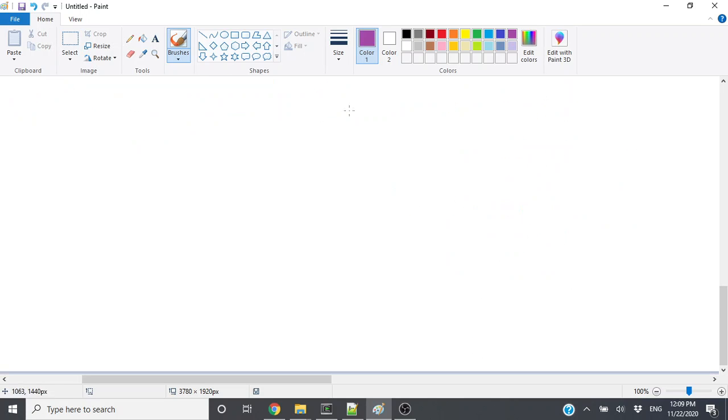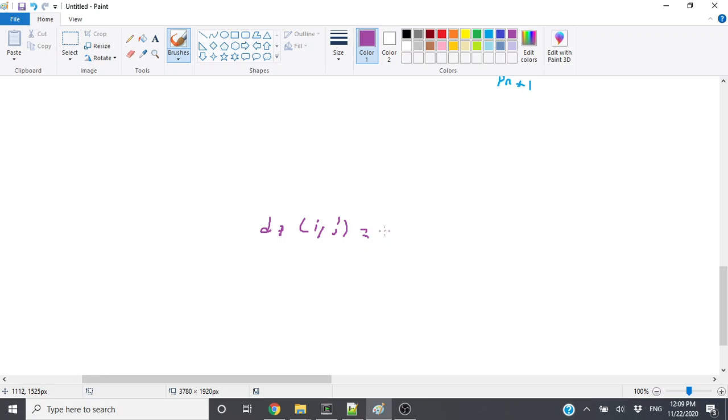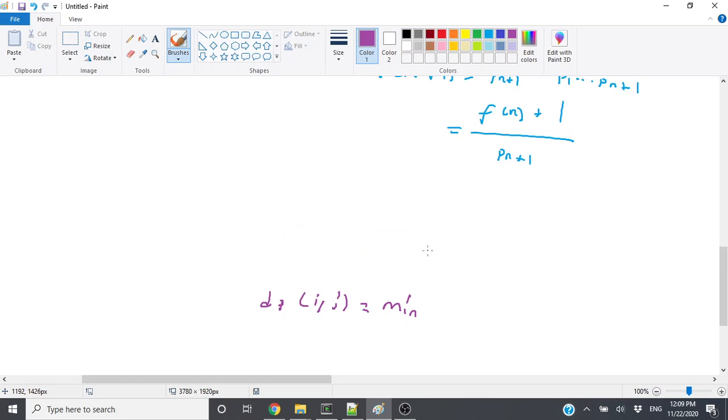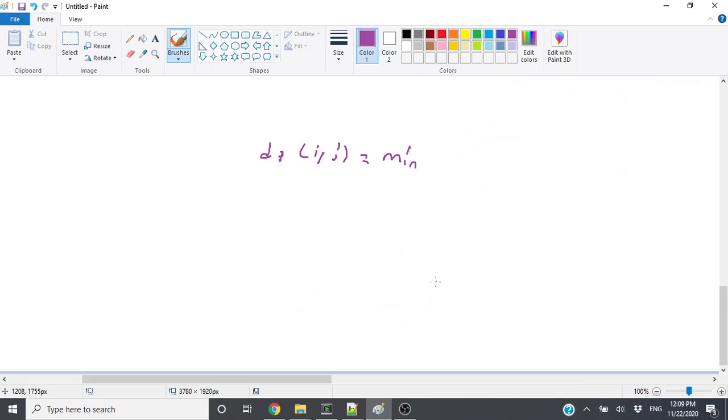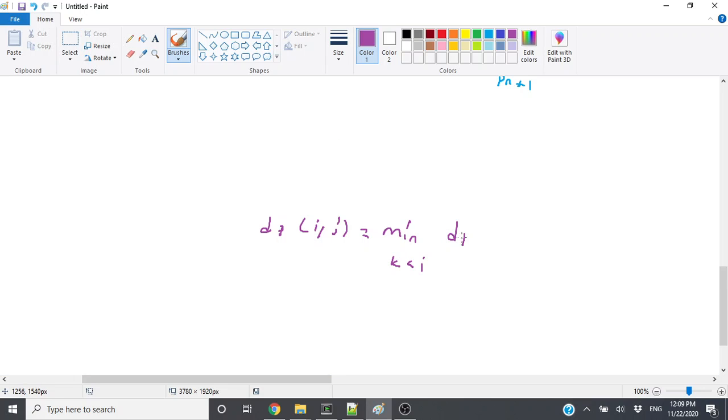So we get a recurrence like dp of I and j equals the minimum over values k less than I of dp k j minus 1, because we put down a new thing, plus f of the indices k to I minus 1.